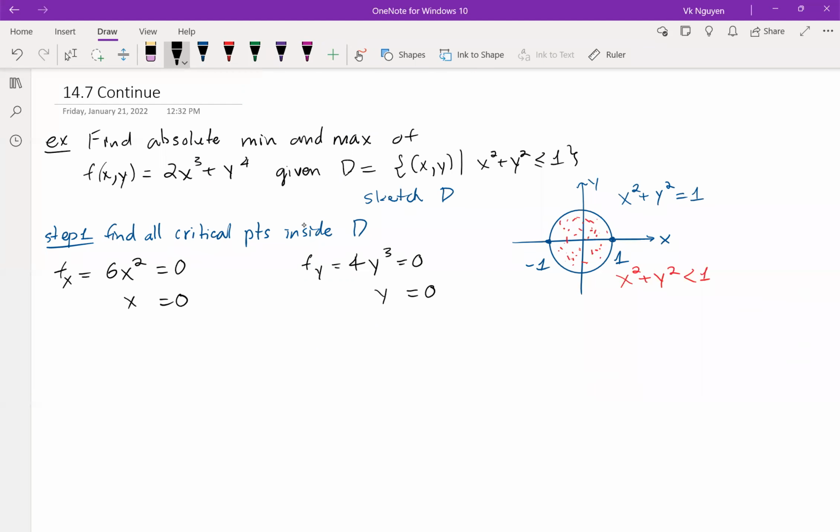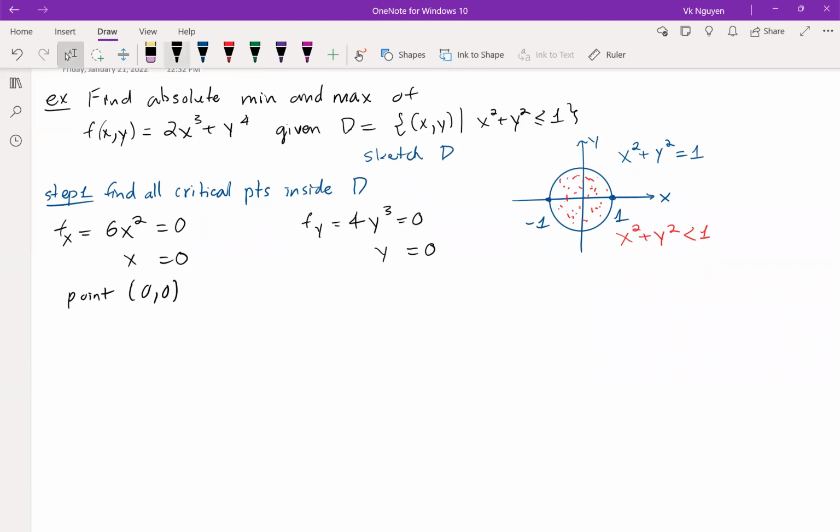It looks like that is it, right? It's only one critical point here, (0, 0). Make sure you pay attention to this critical point because we're gonna come back to it in the very last step.